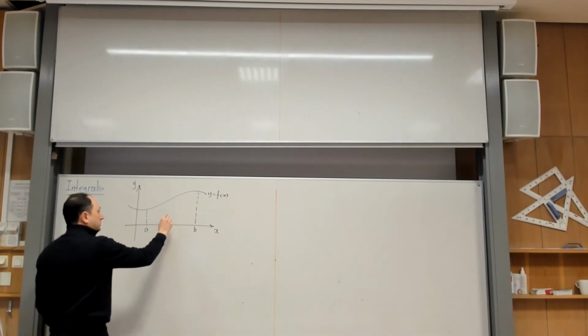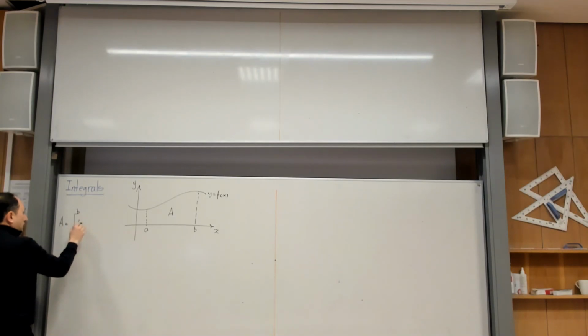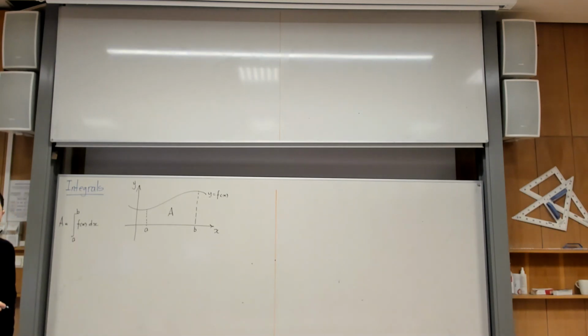If I call this area A, we realize that this area is equal to what we call an integral from a to b of your function f of x dx. Yes. So that is what we learned.